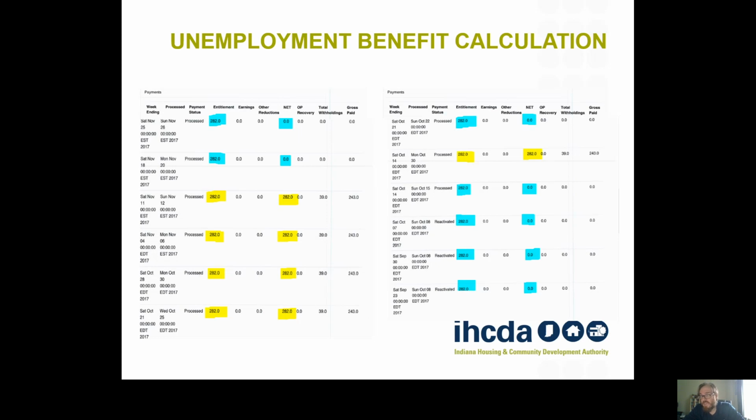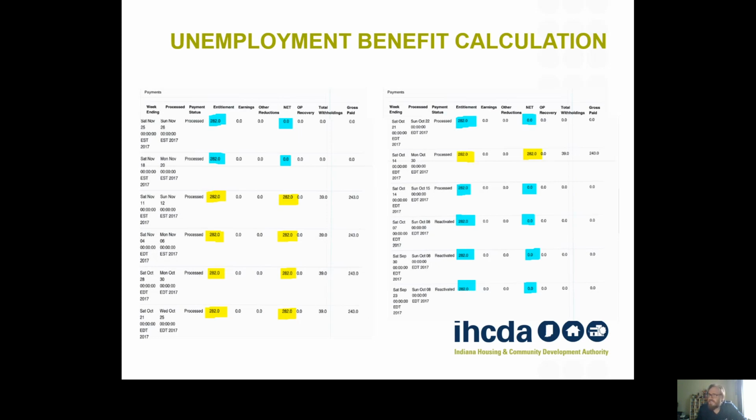In fact, on October 8th, this person received their payments for the weeks ending September 23rd, September 30th, and October 7th. They received 3 weeks' worth of unemployment benefits during that one day. And they actually didn't get paid out at that time because, as you can see, the net is 0.